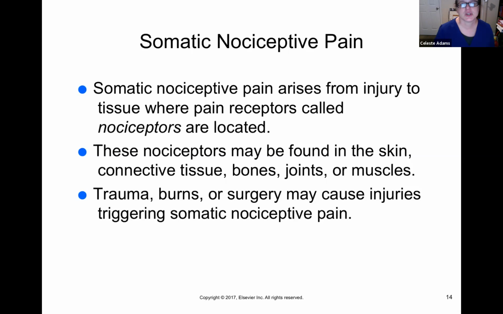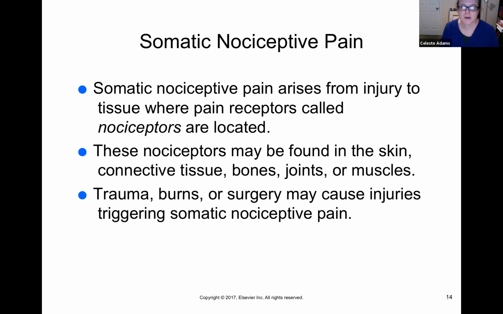Either on the organ or on the tissue, they will have these pain receptors. When an impulse hits those pain receptors, that's considered somatic nociceptive pain. These nociceptors may be found in the skin, connective tissue, bones, joints, or muscles, as well as some organs.